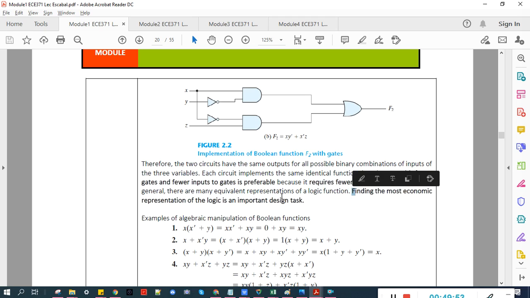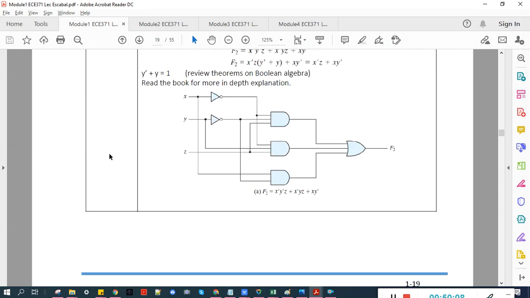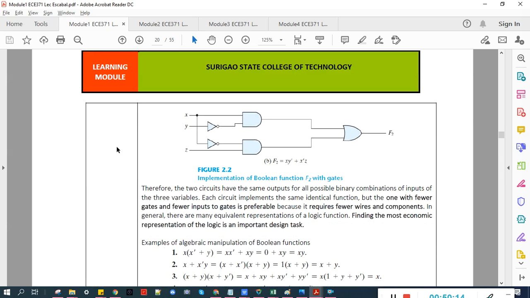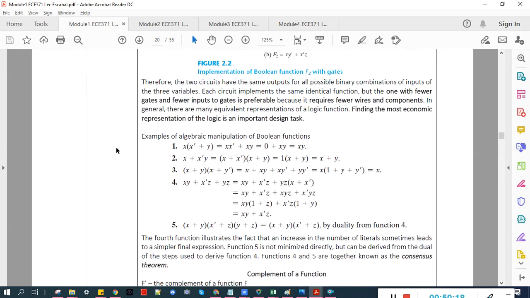Finding the most economic representation of the logic gate is an important design task. Economics, so we are trying to save money, save resources by simplifying the Boolean function, which is a very important design task.